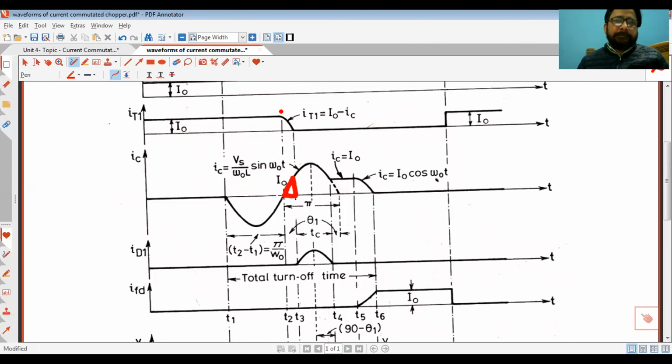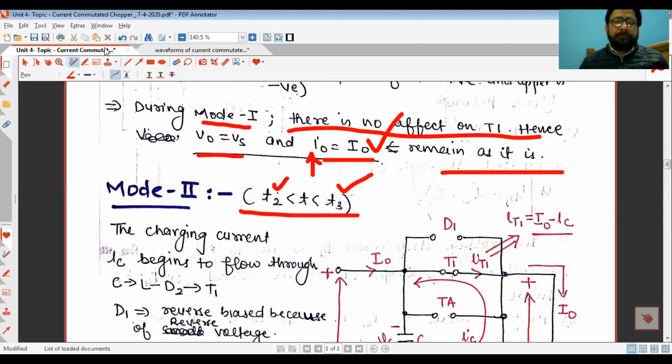But the main SCR current, you can see, will fall to 0. As the capacitor current becomes equal to I naught in this mode, from T2 to T3, that becomes equal to I naught. And when it becomes equal to I naught, the IT1 becomes 0. How? Let us see.